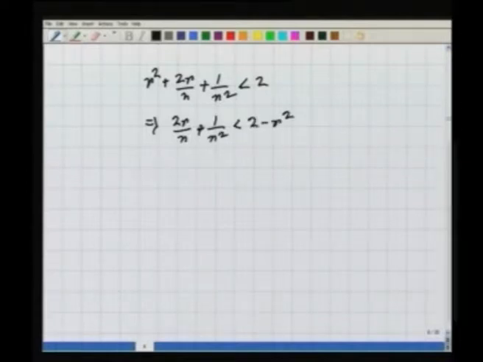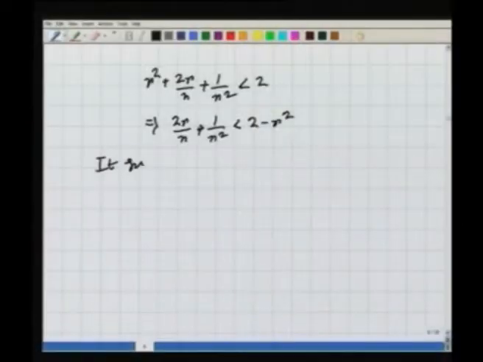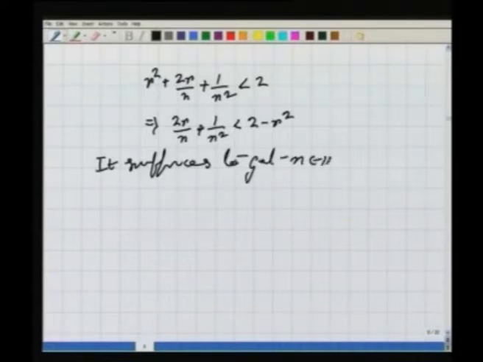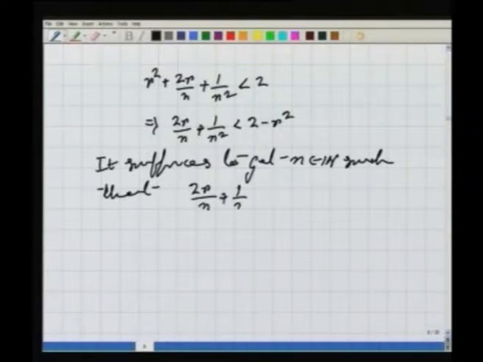And this right hand side, 2 minus r squared, is anyway positive, because I assumed that r squared is strictly less than 2. Well, now if I want to find some such n, I say that it suffices to get a natural number n such that 2r/n plus 1/n is strictly less than 2 minus r squared.